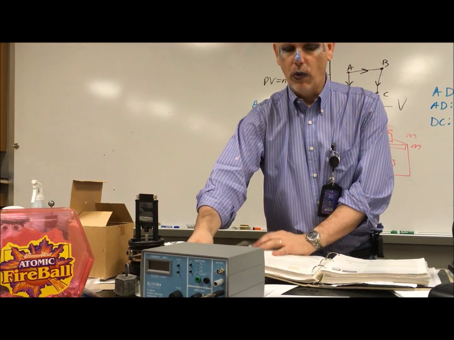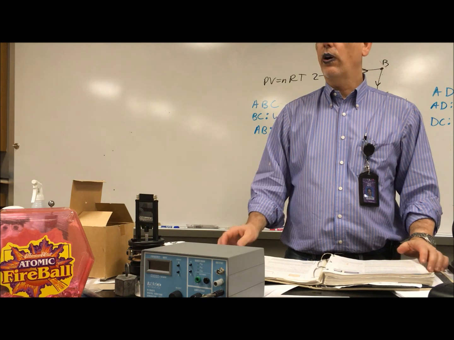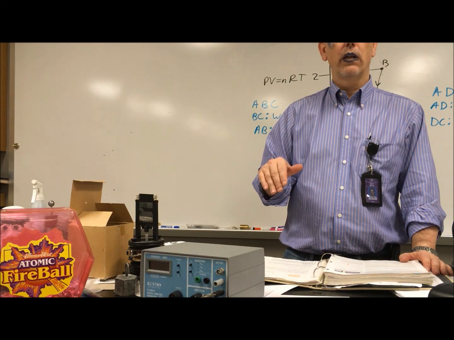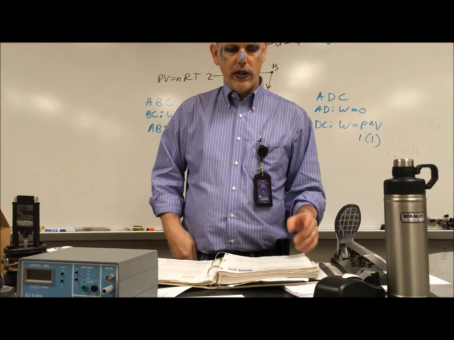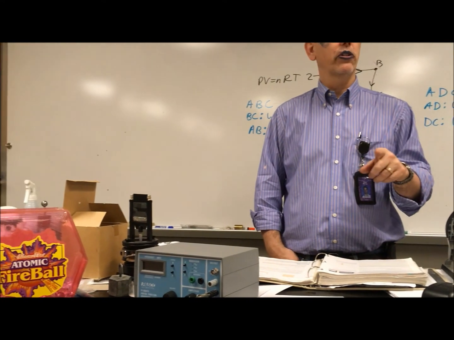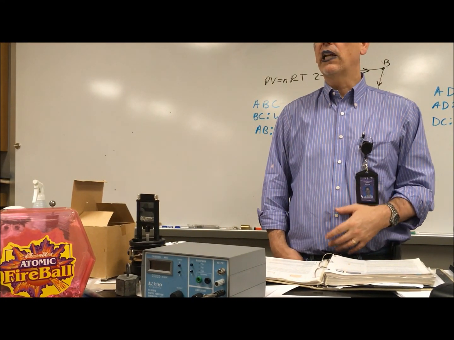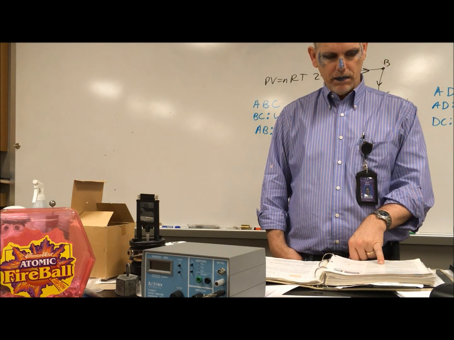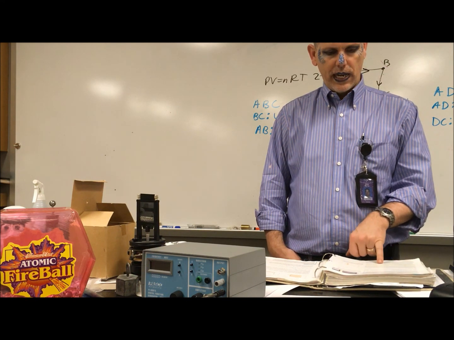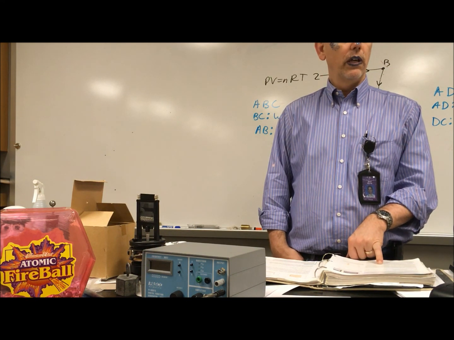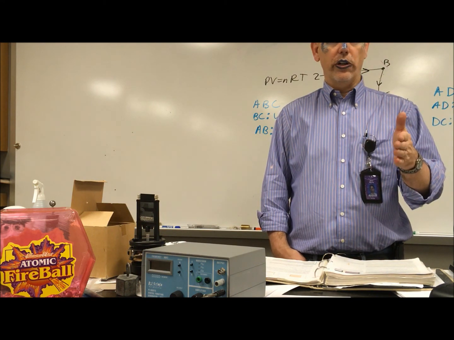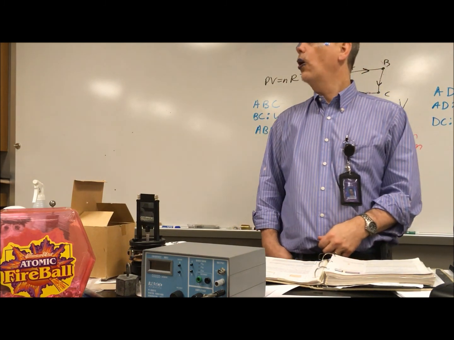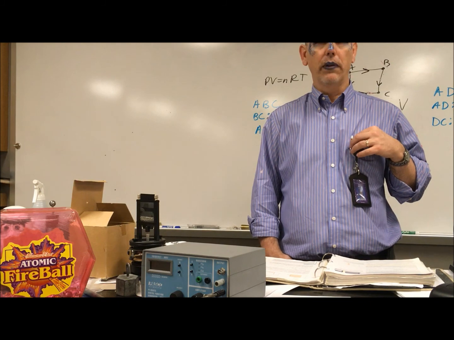In other words, instead of working in meters cubed and newtons per meter squared, instead of pascals and meters cubed, we could be in liters and atmospheres. So if you'll notice here in the middle of 576, it says that 1 liter atmosphere equals 101.3 joules. So if you're working in one, do your calculation, and then do your quick conversion. Is that something we should spend a lot of time on? No, it's just something you should keep in your back pocket when you see that later on, okay?